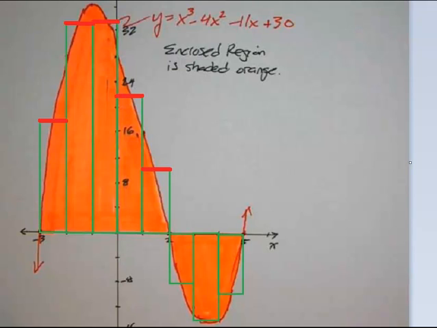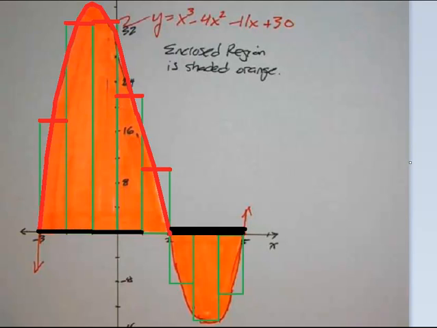They start off with their tops being determined by the cubic function graph, but then there's a change. The tops of the rectangles become determined by the x-axis. The bottoms of the rectangles undergo a similar situation. They start off being determined by the x-axis, then there's a change. They become determined by the cubic function graph.